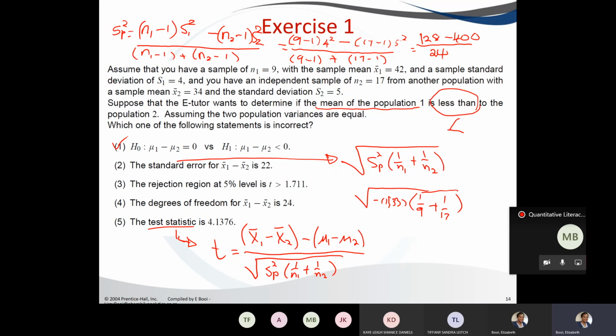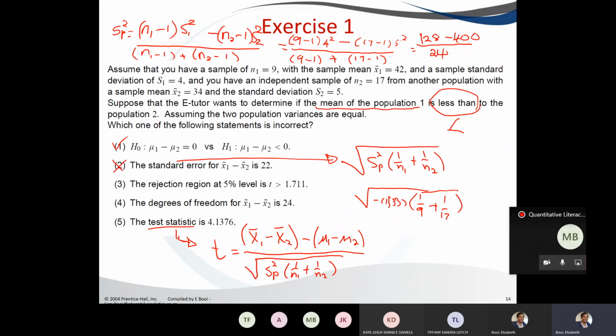And if I add 0.11 plus 0.06 equals 0.17, and I multiply that with the minus 1.133, and I take the square root, then I get a value, and that is not the correct answer there.